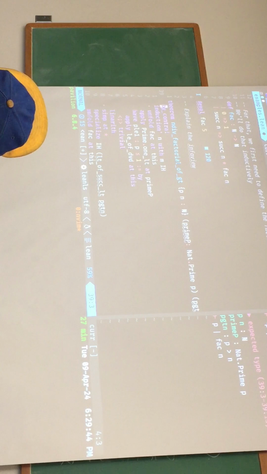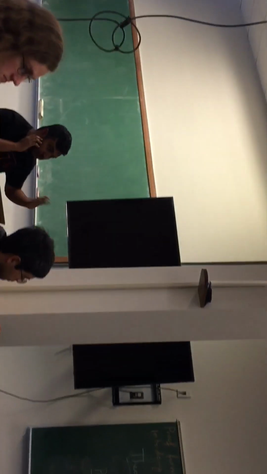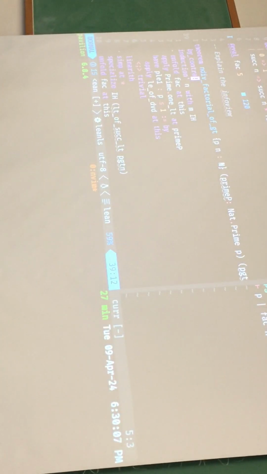So we're going to follow these steps that we have outlined here. First we will use a contradiction. So assume that p does actually divide n factorial, and then we will derive a false statement, which basically means a contradiction. So we do the by_contra.